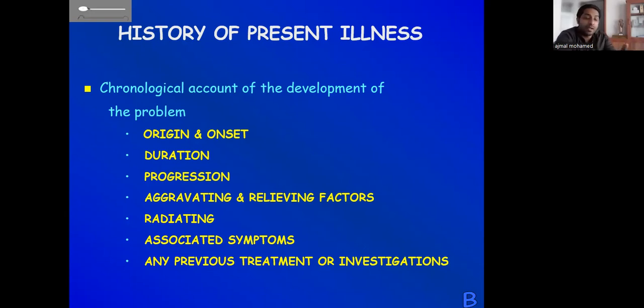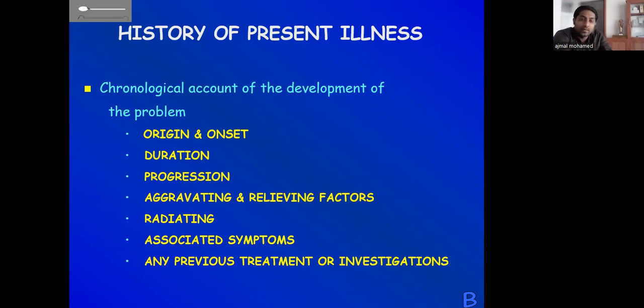So when you take the history of presenting illness, you should always ask the patient in a grouped manner, and based upon that you formulate the chief complaint. For example, if the patient complains of pain, you should ask when the pain started, how long it continues, and how it progresses, whether it is more at night or during the day.